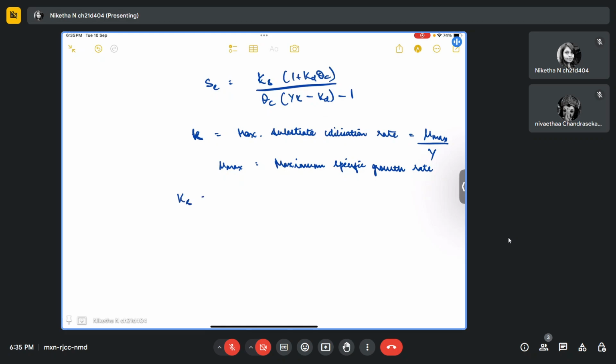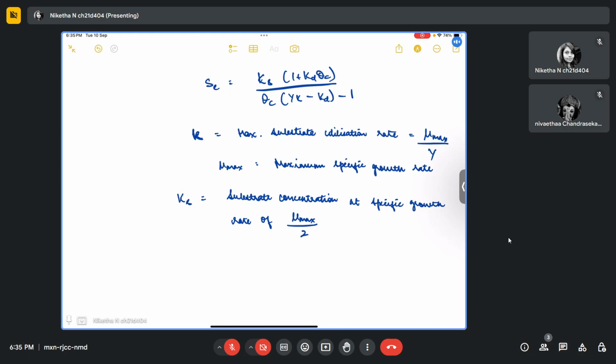And Ks here is the substrate concentration at a specific growth rate. The specific growth rate value for finding out Ks is going to be mu max by 2.